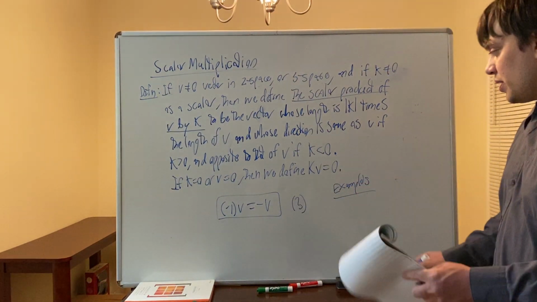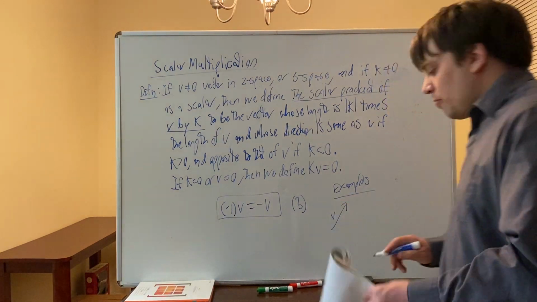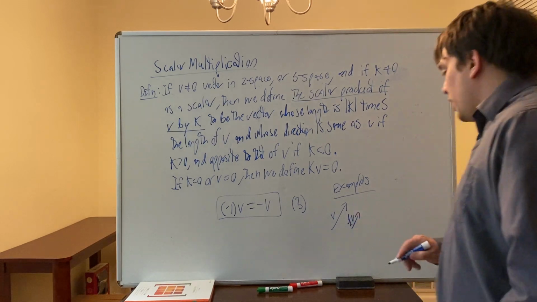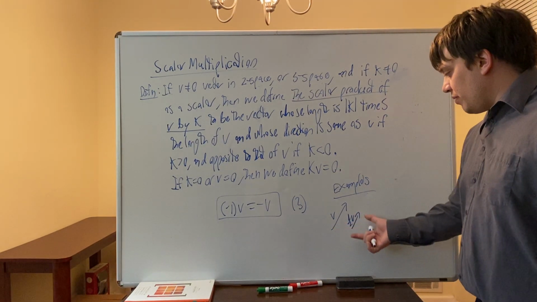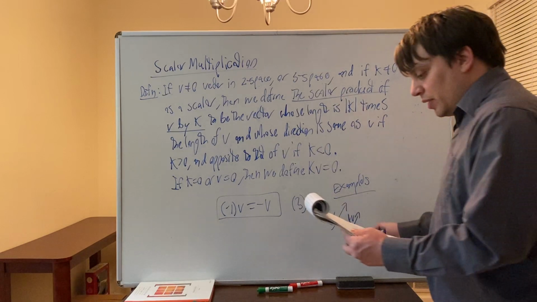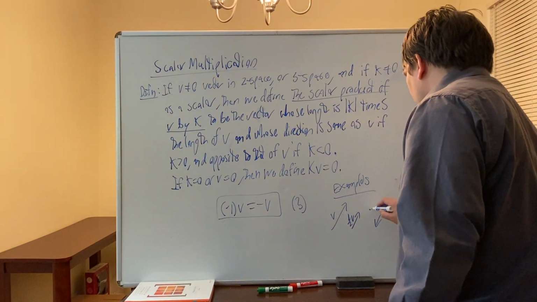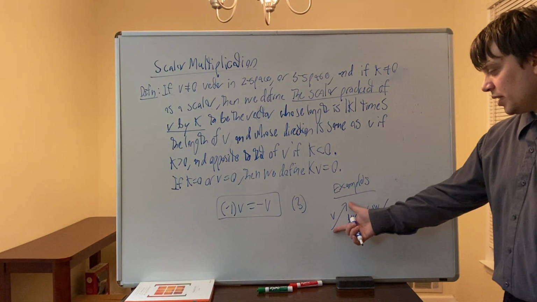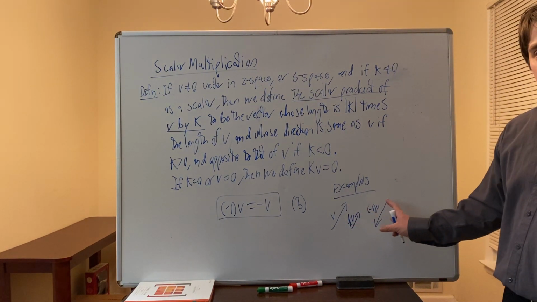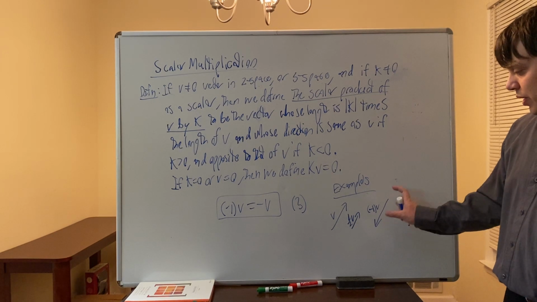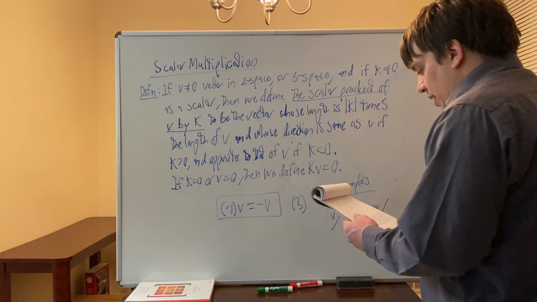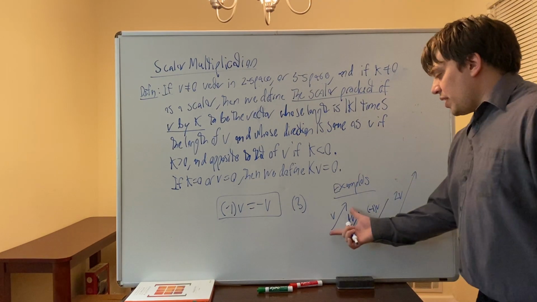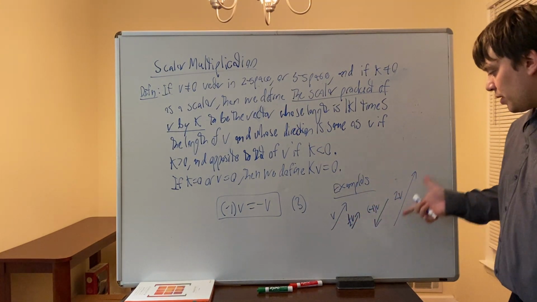So examples of this: if you have the vector v, you have the vector 1/2 v, which is just the vector v at half its magnitude, same direction. Negative 1v is the same vector with the direction reversed, same magnitude. 2v is the same vector with double the magnitude, same direction.